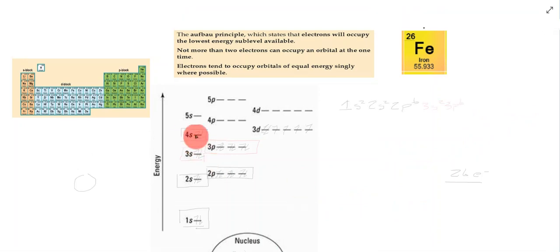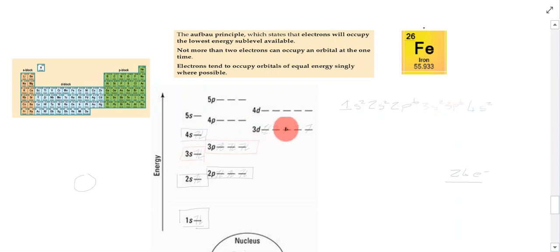So you have this 4s, so that's going to go in here. 4s, and then you have 2 electrons. The 4 represents the fact that it's the 4th energy level, and then within that you have a 4s sublevel, which has an s orbital, and it has 2 electrons in it.